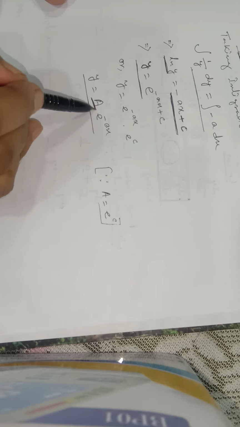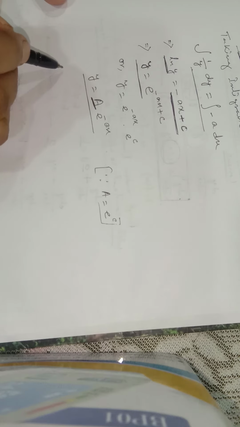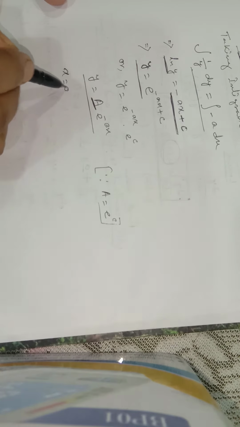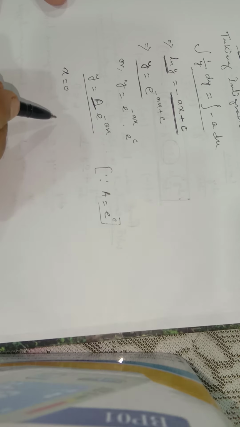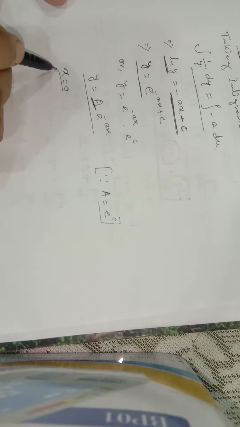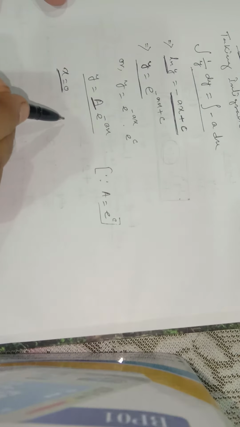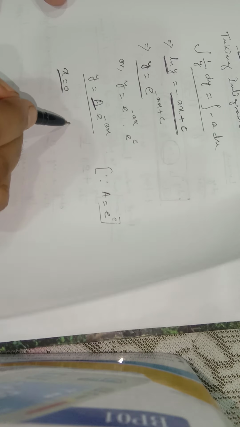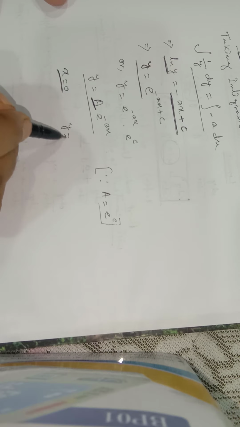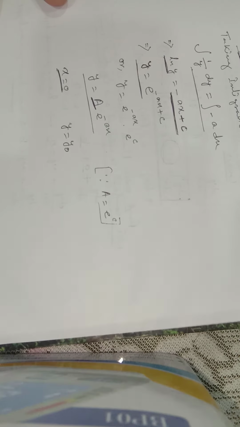Now to estimate the value of a, we take the initial condition: if we put x is equal to 0, then what will be the value of y? When we put x equal to 0, y will be equal to some constant value denoted by y naught.